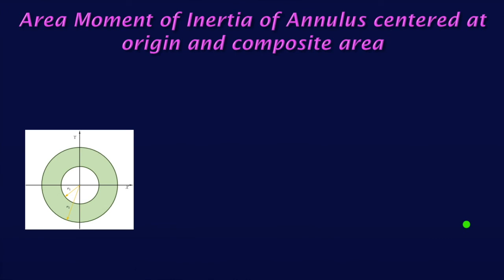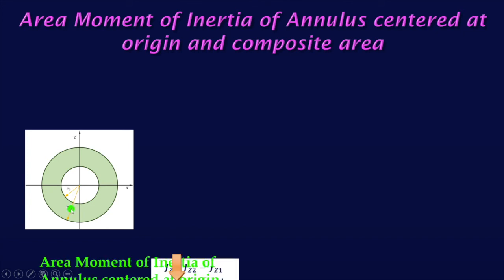Area moment of inertia of an annular section with centroid at the origin. Annular means this type of section, a hollow area. Let's consider the interior and exterior area. The outside radius is R1 and the inner radius is small r1 and small r2 respectively.